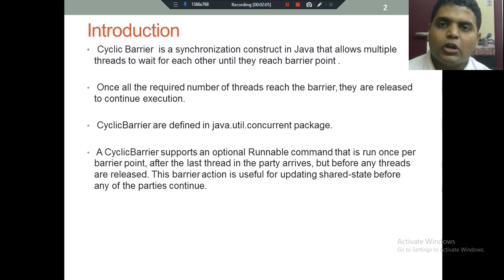The same package it belongs to, cyclic barrier, and basically cyclic barrier supports an optional runnable command that is run once per barrier point, after the last thread in the party arrives, but before any threads are released.